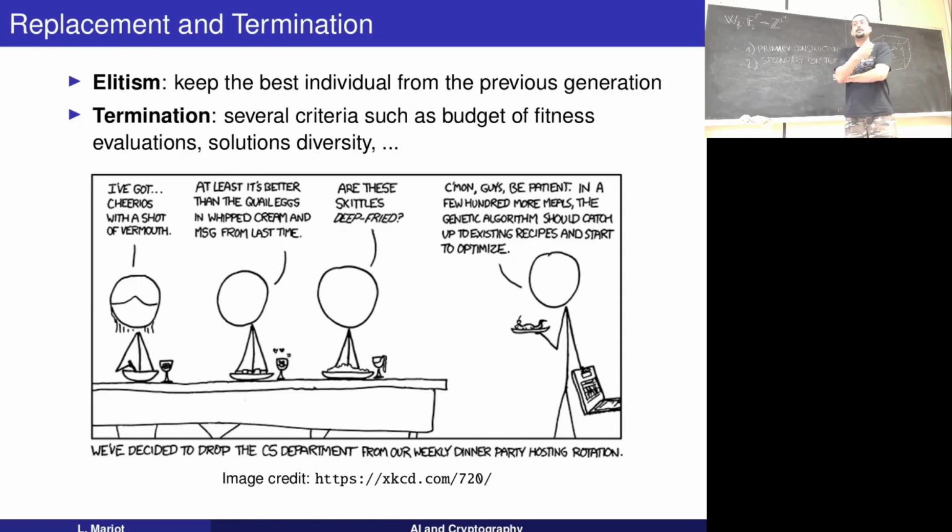So if you stop it too soon, then you would end up like the guys in this comic, where they were using a genetic algorithm to decide the recipe for their canteen in their computer science department, and you have people with Cheerios that are seasoned with a shot of vermouth, or Skittles that are deep fried, and this kind of strange stuff. It is just that the genetic algorithm is still optimizing that function, so in a certain sense it is finding optimal solutions, but maybe those optimal solutions or local optima are not satisfying for us. So this is why you need to be careful in setting the termination criteria and also all the other parameters of the evolutionary algorithm.